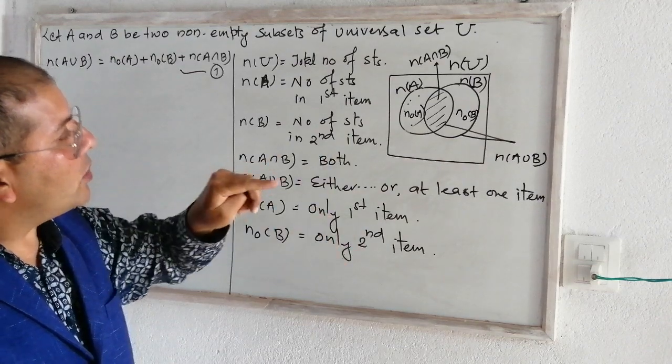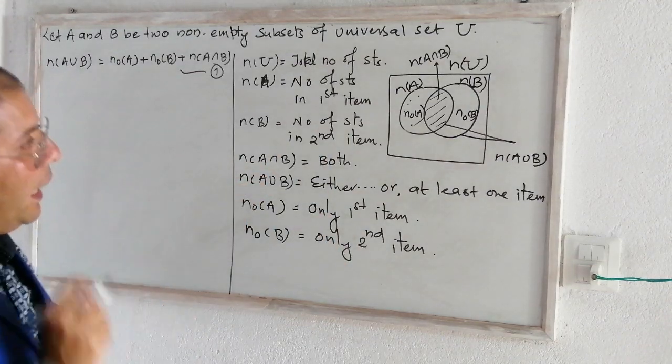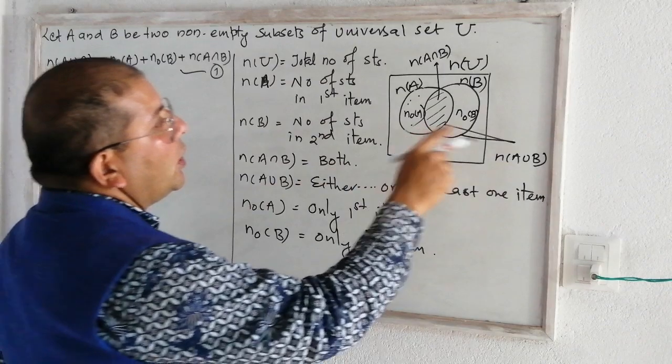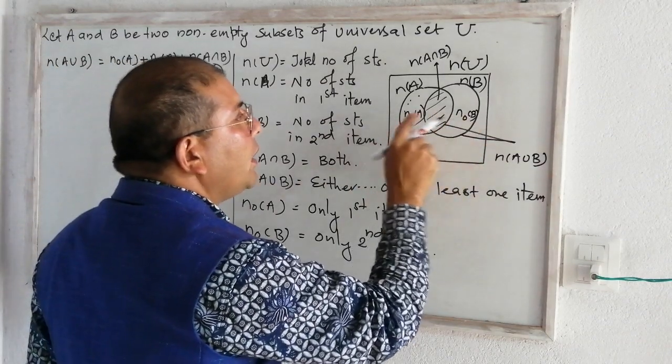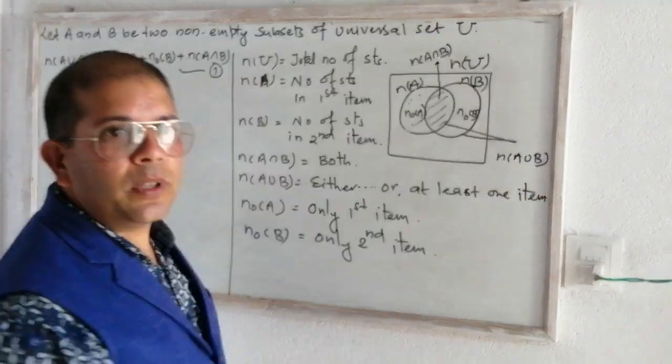Don't forget, you can draw a Venn diagram, and if you take the sum of these three regions, you will get n of A union B.